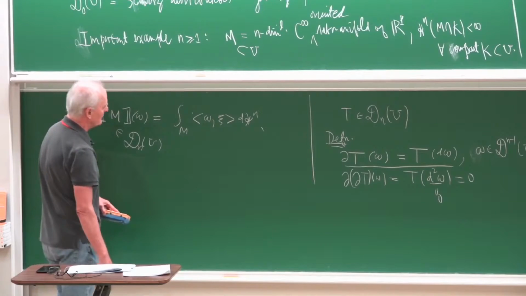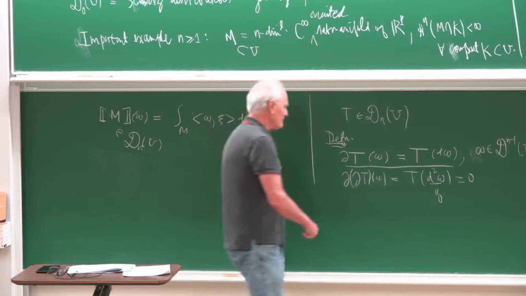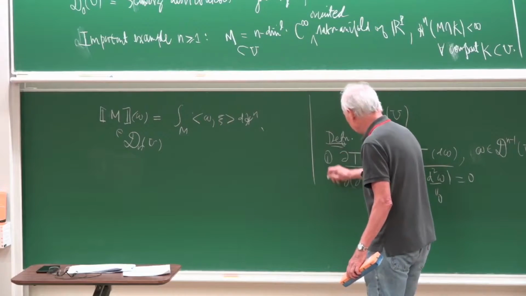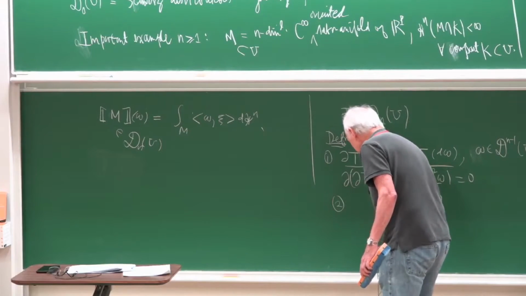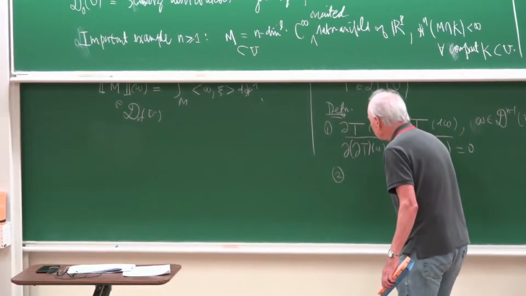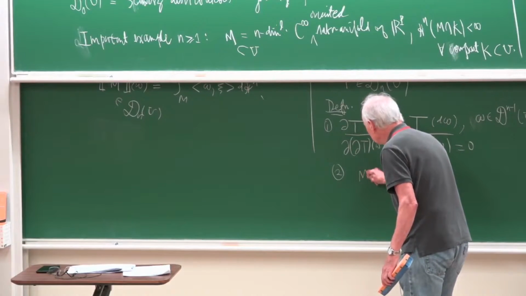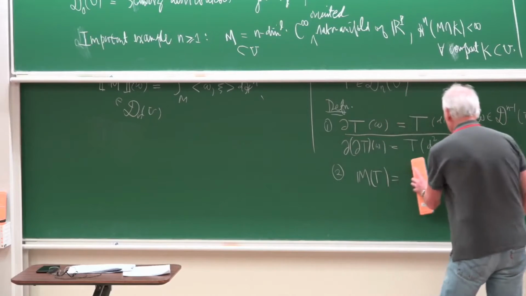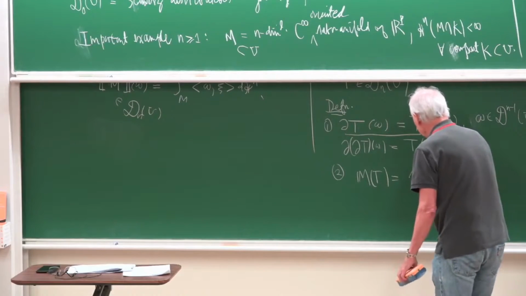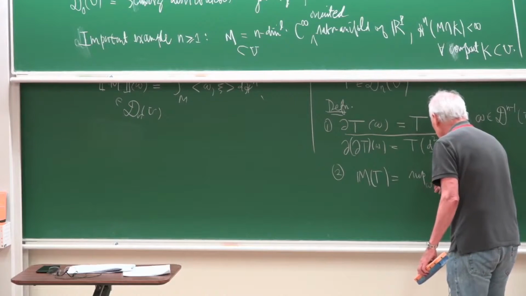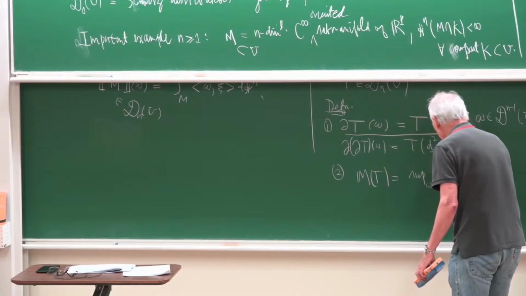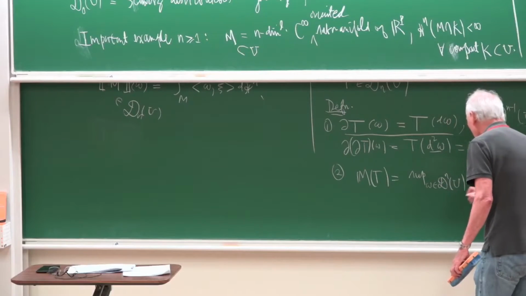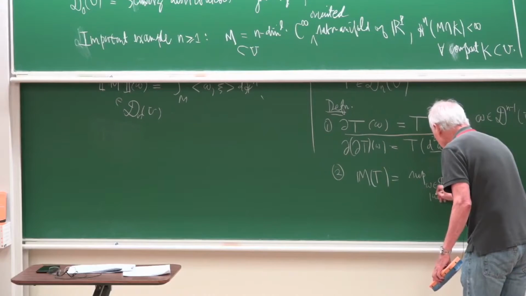So in general, the second definition is that the mass of T is defined to be the sup over omega, n forms with compact support, of T(omega), where the length of omega is less than or equal to 1.